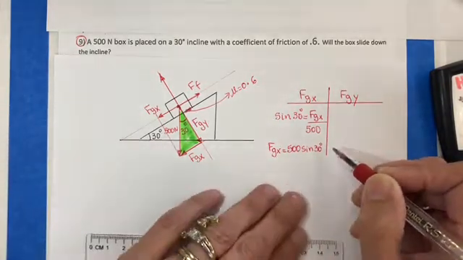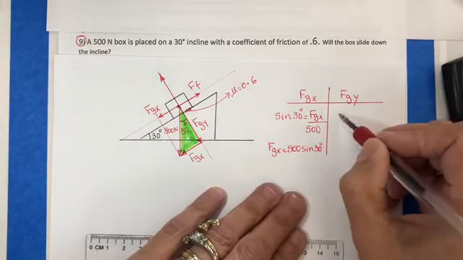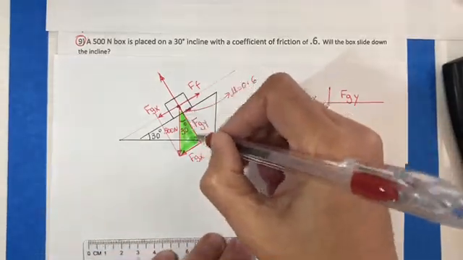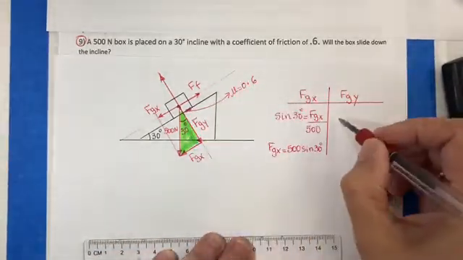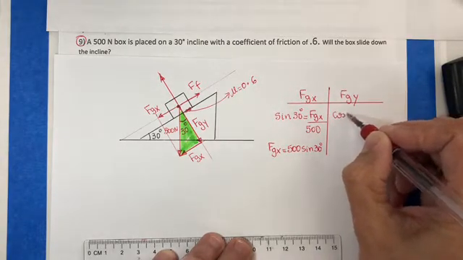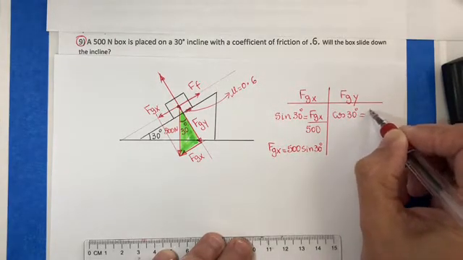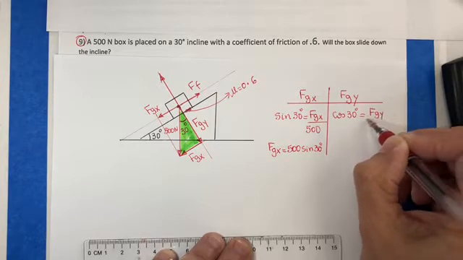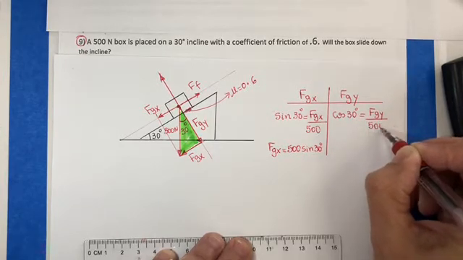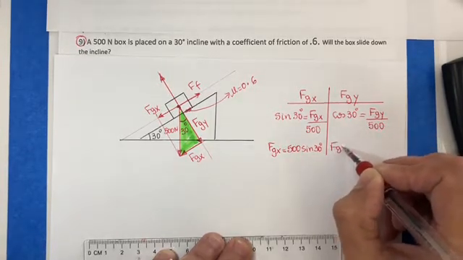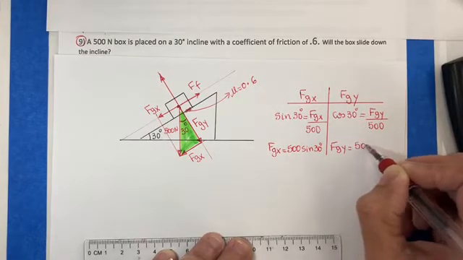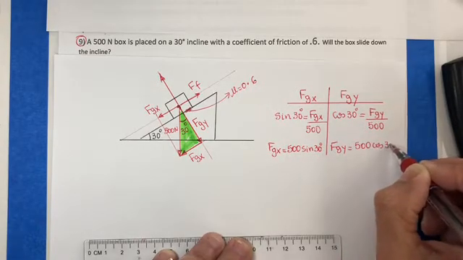Now let's set up the other side. FGY is adjacent for 30 degrees, so I'm using cosine, which is FGY over 500. So my FGY is 500 cosine of 30 degrees.